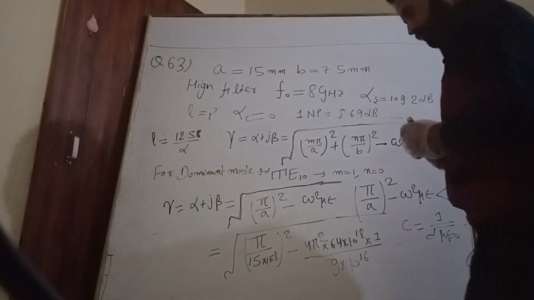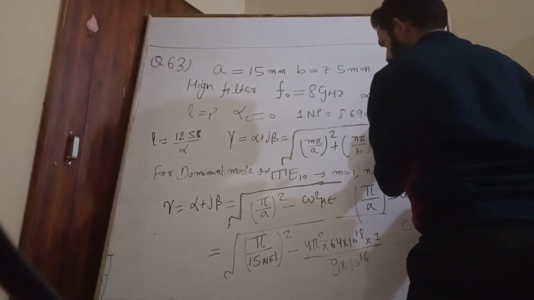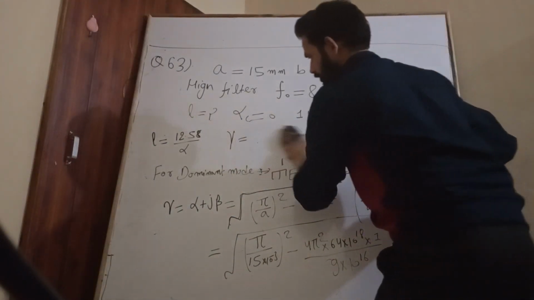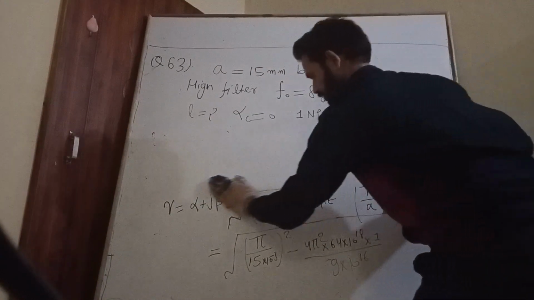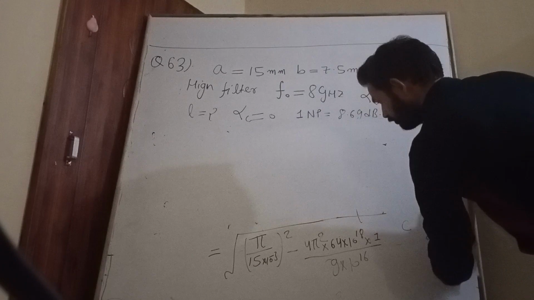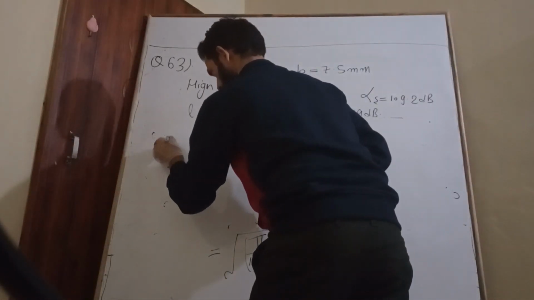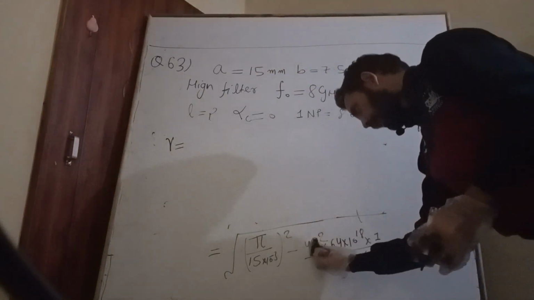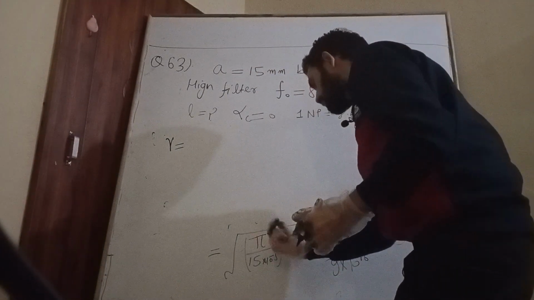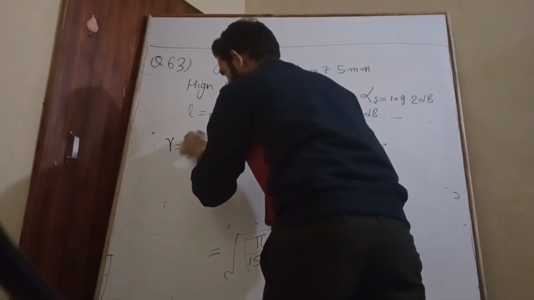Let me remove these portions first. Now this is gamma. Gamma is equal to the square root of, let us take pi as a constant, common from both sides, so we get pi outside.